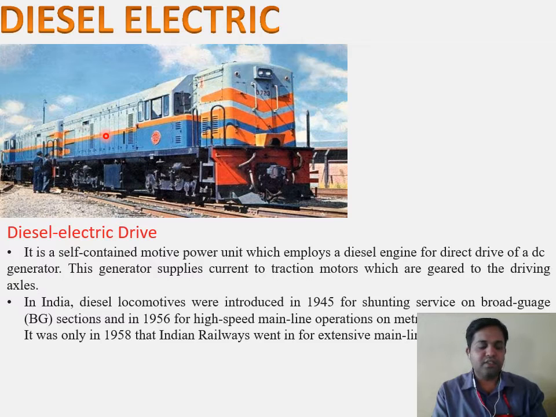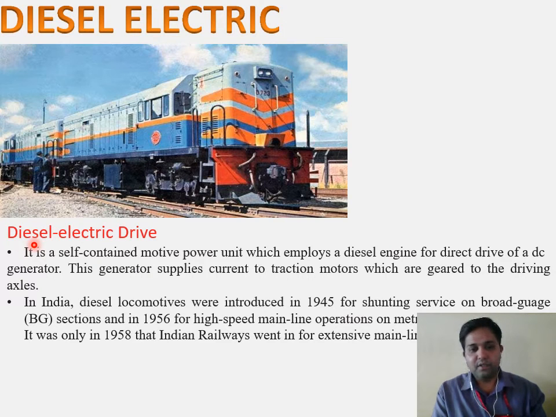Once the generator starts to rotate, it will supply the current to the traction motors which are geared to the driving axles. So these are the traction motors. You can check it out in the picture. We are going to give the supply to these traction motors with the help of the generator, which is driven with the help of what?